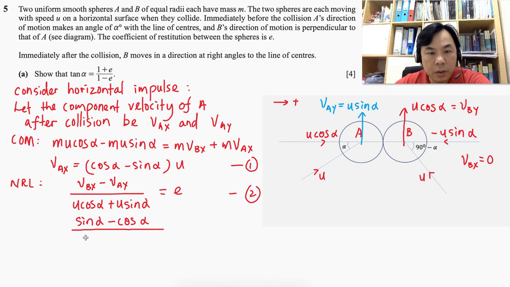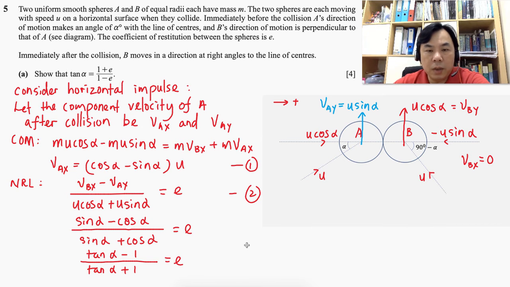All I have is just sin alpha plus cos alpha equal to e there. And then of course I can divide my numerator and denominator by cosine, and I will have tan alpha minus 1 over tan alpha plus 1 equal to e there. And then of course, I can do a bit of algebraic manipulation here.